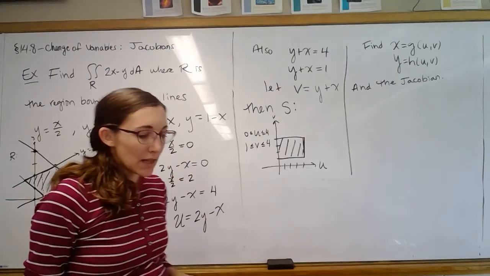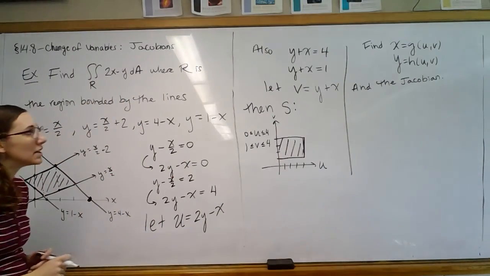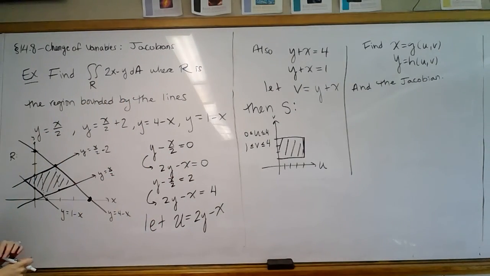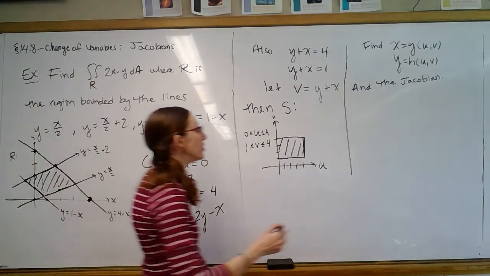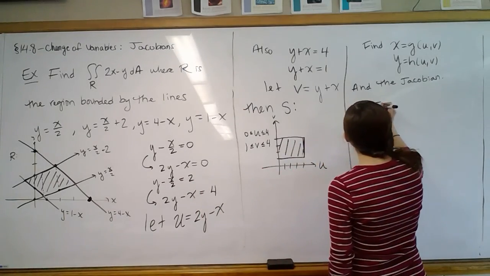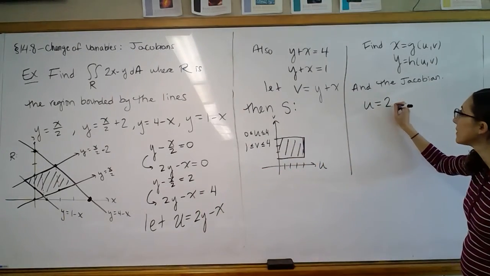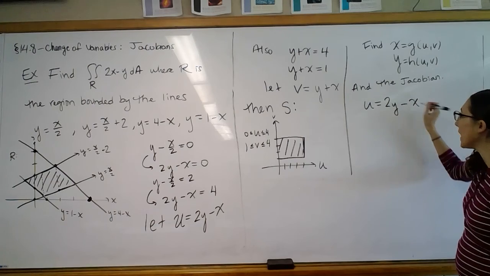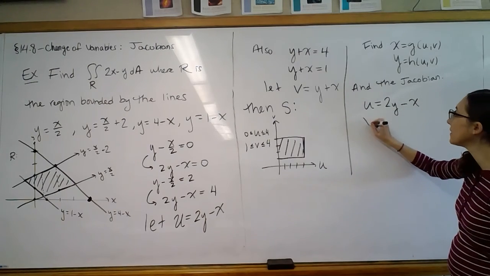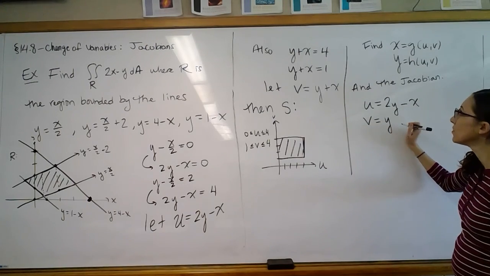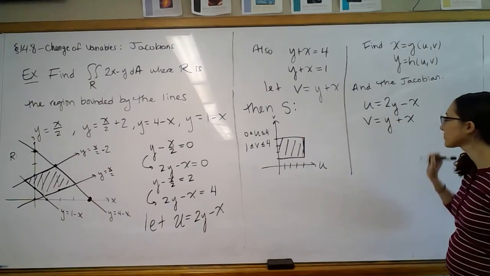So let's think about how to first find x and y. Well, let's start with some of these ideas we have over here, right? We've got u is 2y minus x, and we've got v is y plus x.